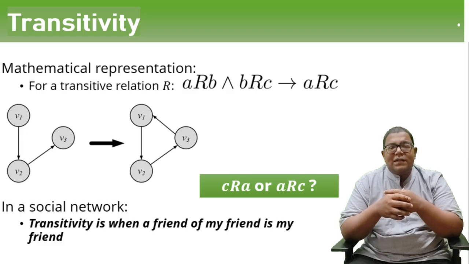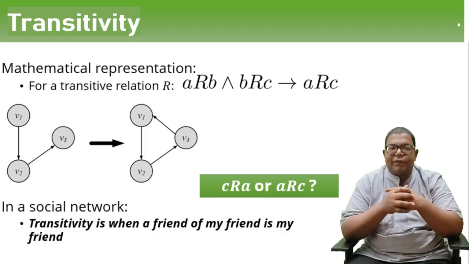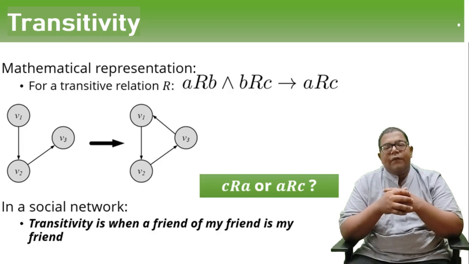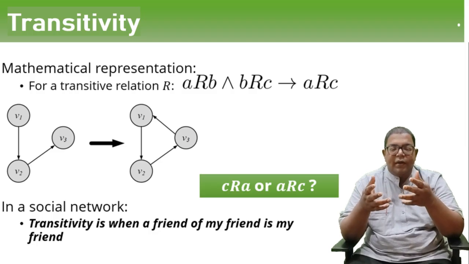Transitivity in a social network will lead to a denser graph and eventually a complete graph. So we will find out how complete a graph is by measuring transitivity.